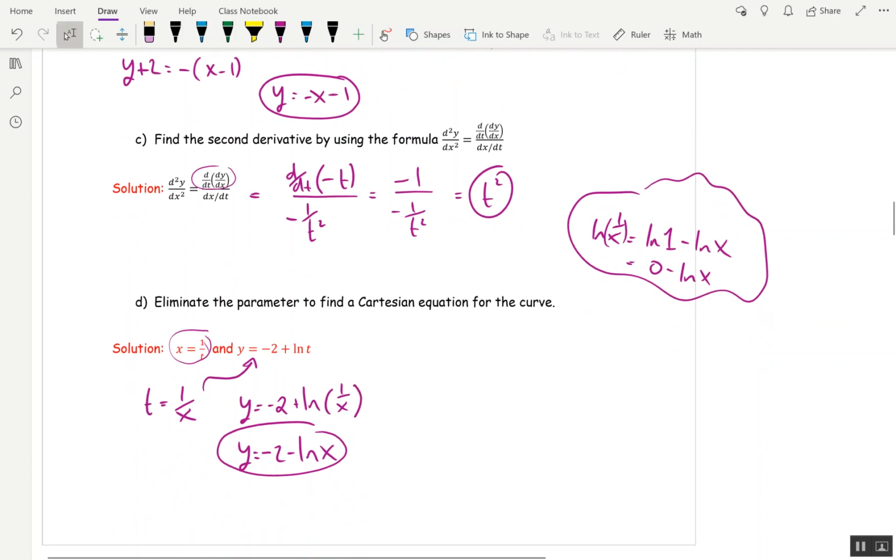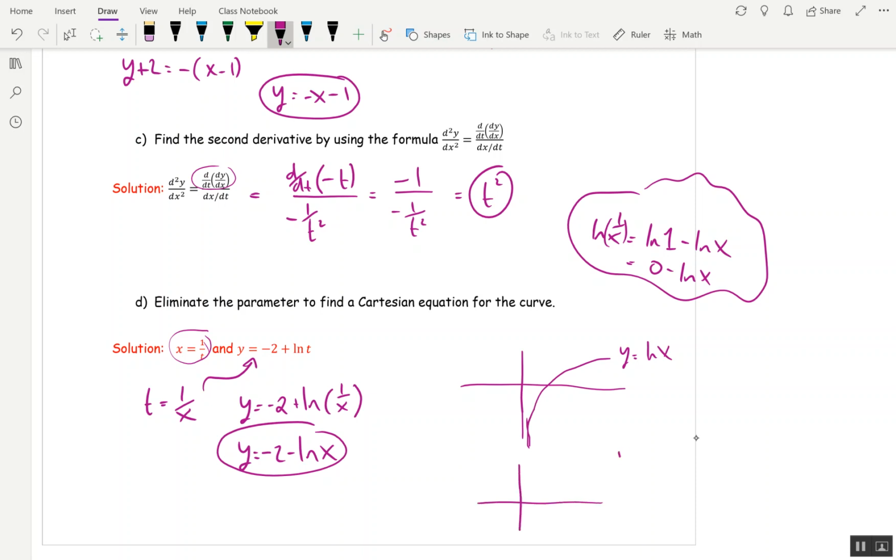So if you're stranded on a desert island and you had to graph this, you actually could. So here's y equals ln x. Just do it in steps. And this actually never intersects the y-axis. And then let's go to y equals negative ln x.